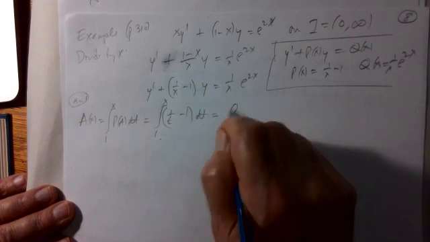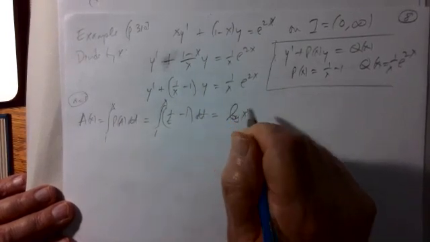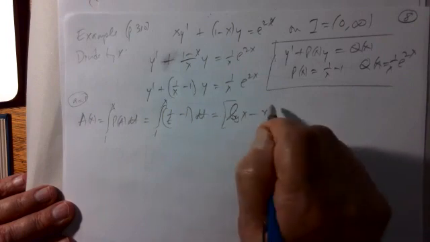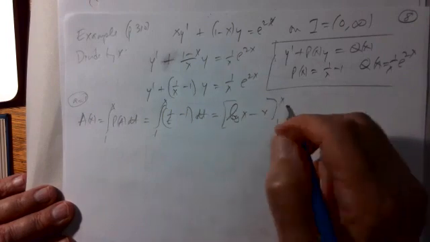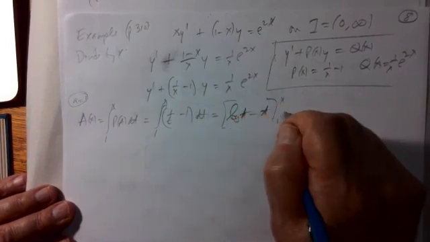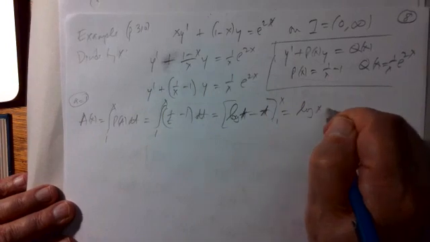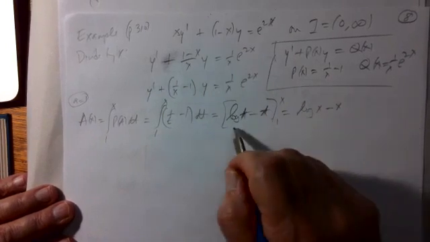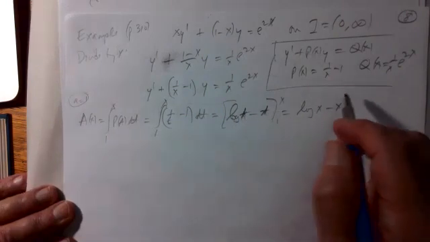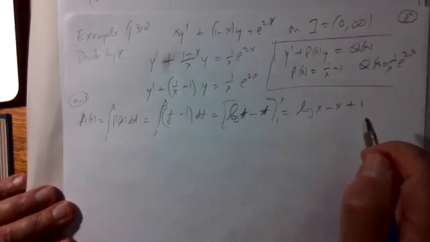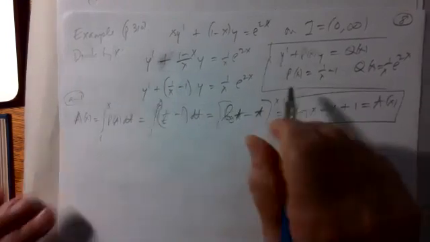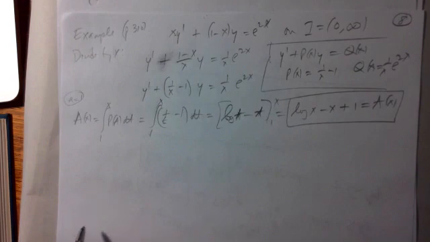The integral of 1 over t is log t, and the integral of 1 is t. So it's log t minus t evaluated from 1 to x. So this is log x minus x. And when you evaluate this at t equal 1, log 1 is 0, and this is 1, minus 1, so minus minus 1 is plus 1. So that's my function a of x.